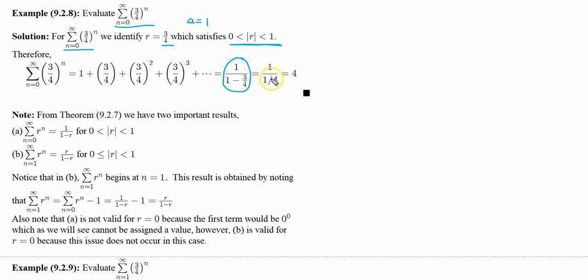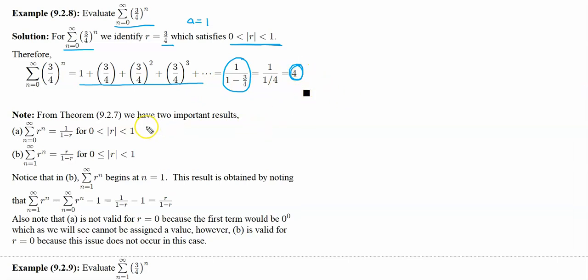And so that's 1 over 1/4, which is 4. And so there you go. If we were to add up all these numbers right here, you'd see that you would get 4. And you can try that out. Add up these numbers out to 10 or so terms, and you'll see that you get a number very close to 4.